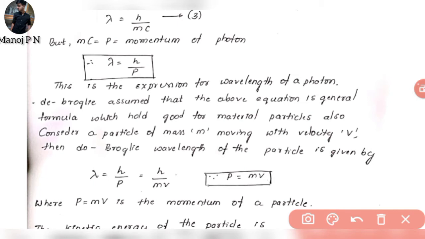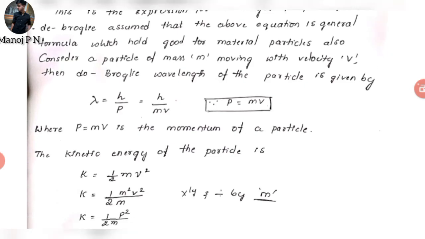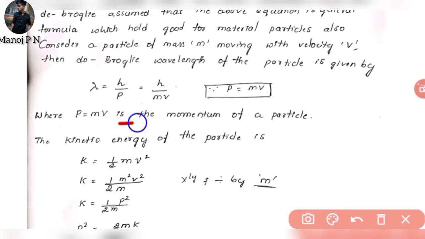Consider a particle of mass m moving with a velocity v, then the de Broglie wavelength of the particle is given by lambda equals h divided by p, where p equals mv is the momentum of the particle. So we replace this p with mv.